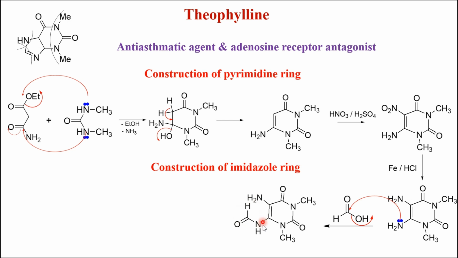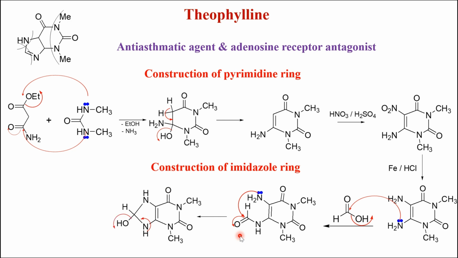The formamide derivative which is formed again reacts. The lone pair of electrons on the nitrogen attacks the carbonyl carbon and the pi electrons move onto the oxygen and it becomes OH. This undergoes dehydration.